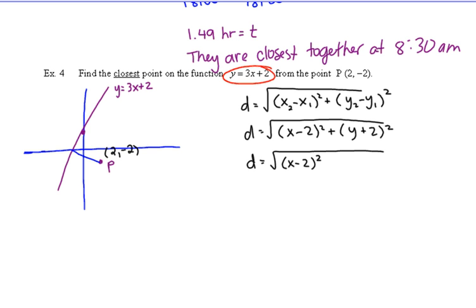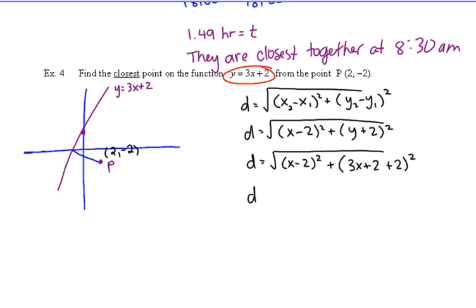Do you want to make it a lot prettier? Get rid of the square root? Let's do that. But I'm going to insert y first: 3x plus 2 plus 2, or 3x plus 4.